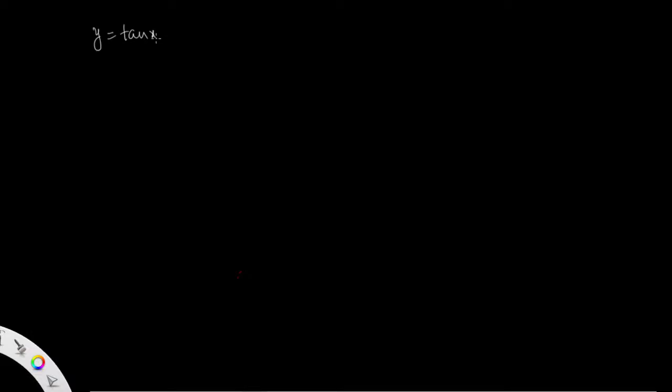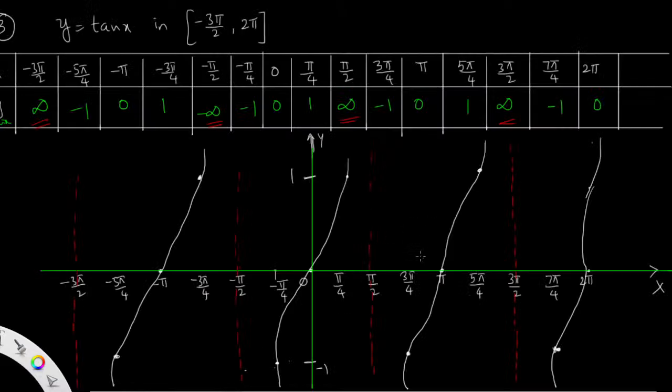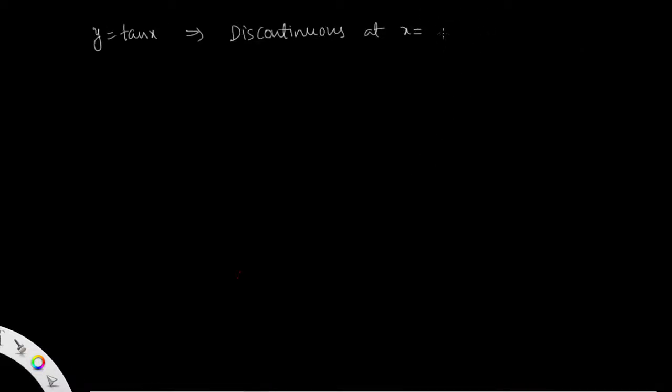All the real numbers are there, but the values are not defined at these points. So y equal to tan x is a discontinuous graph at x equal to pi by 2, 3 pi by 2, minus pi by 2, minus 3 pi by 2, and so on.